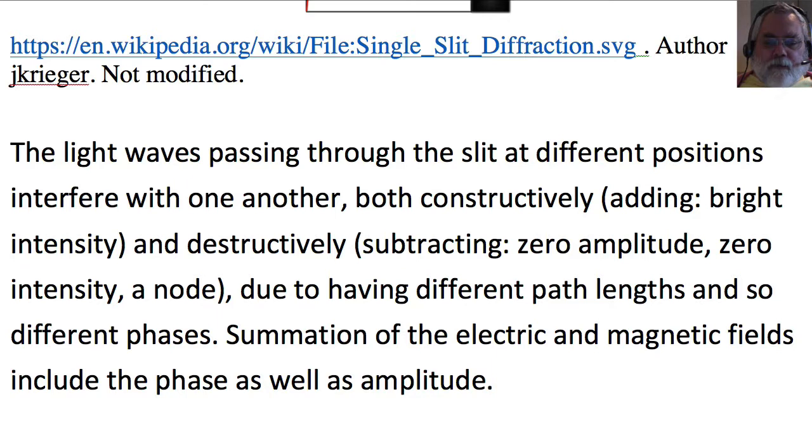This is due to having different path lengths from different positions in the slit to the point on the screen, and so different phases. And summation of the electric and magnetic fields includes the phase as well as the amplitude.